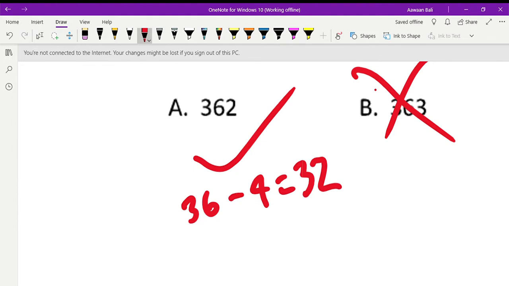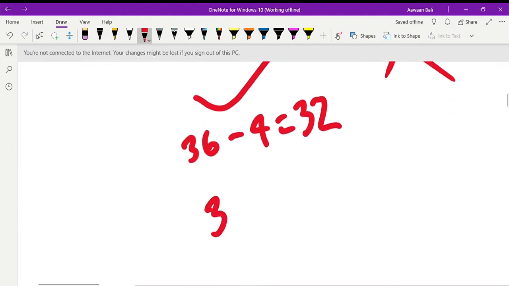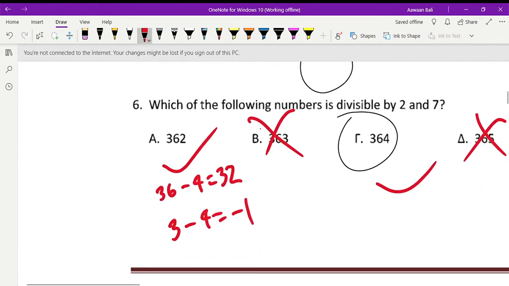It's not divisible by 7, but if you continue further, double the 2 is 4, 3 minus 4 is minus 1, you wouldn't get a number which is divisible by 7, which means that's wrong. Basically, if you get a number divisible by 7, like a 2-digit number divisible by 7, or you get something like 714 as the final result, then that means it's divisible by 7.